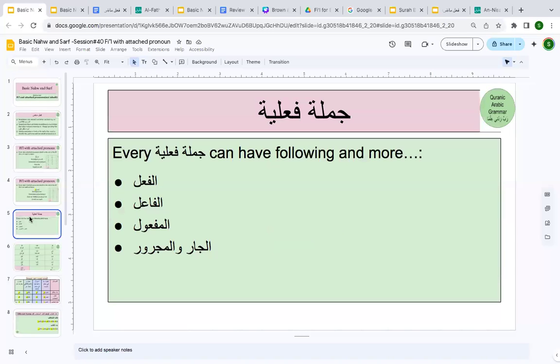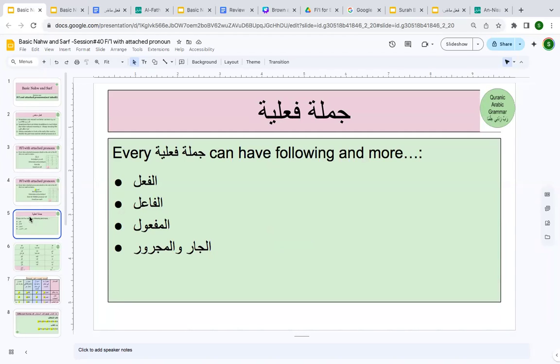And what happens is, when it comes to any fail which is tam, what is the meaning of fail tam? A fail tam must have what? What have we been learning? ATP. It is a complete fail. It has action. It has time. It has pronoun. That ATP fail is going to be able to be translated as a complete sentence, right?